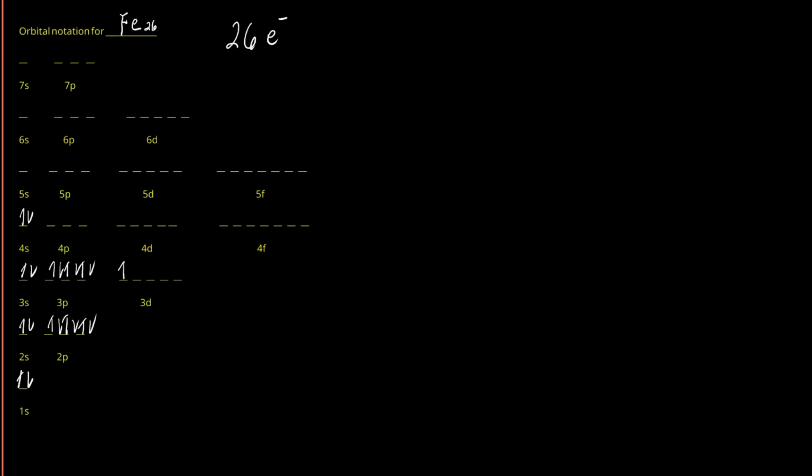Okay, so it's 1, 2, 3, 4, 5, and 6. So that's the orbital notation for iron. So the electron configuration will be 1s2, 2s2, 2p6, 3s2, 3p6, 4s2, 3d6.